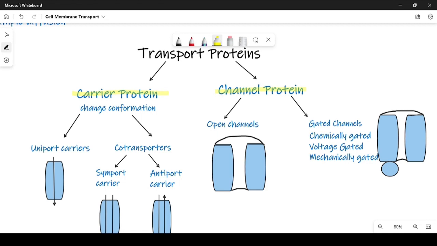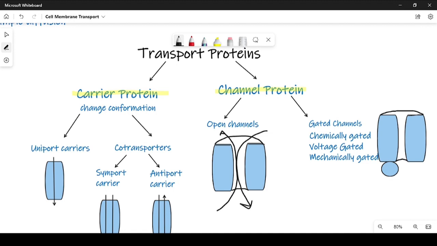For channel proteins, we have open channels and gated channels. Open channels are also known as leaky channels. They're always open, so a selected molecule can enter and exit the cell anytime it wants.